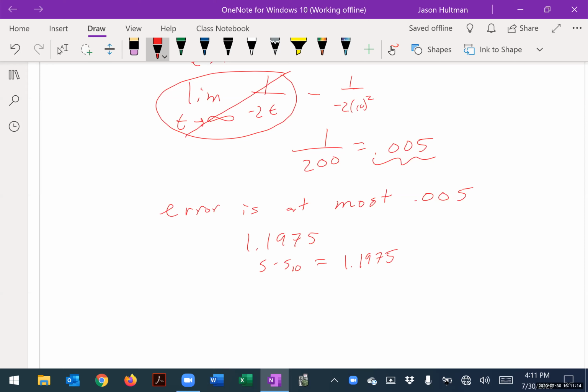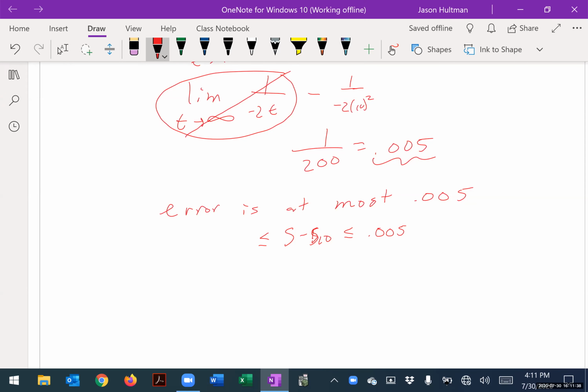S10 is this thing, the approximate sum 1.1975. The remainder, S minus S10, is at most 0.005.